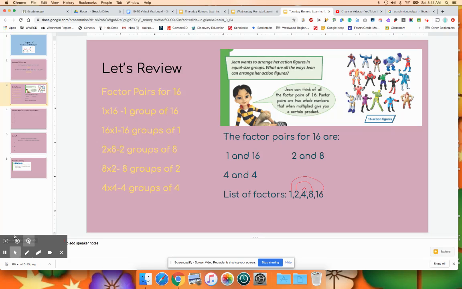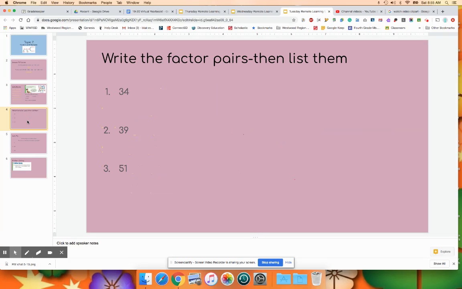All right, let's see. So here we have 2 steps, right? The factor pairs, then list them. So the factor pairs for 34, I know are 1 and 34, right? 34 and 1, which is the opposite. And then I know my multiplication tables. I don't know anything that multiplies in my facts to give me 34, but I know 34 is an even number.